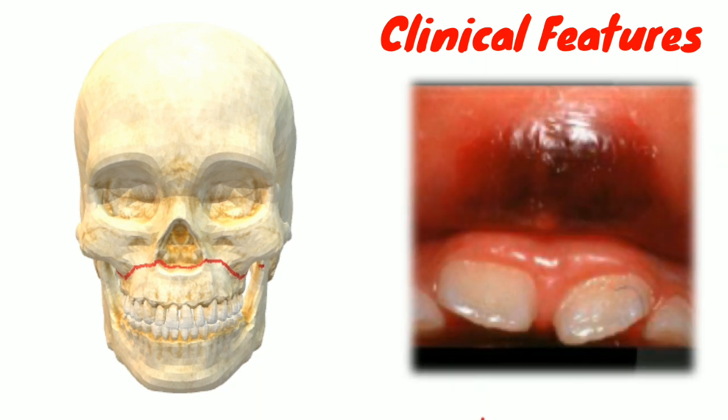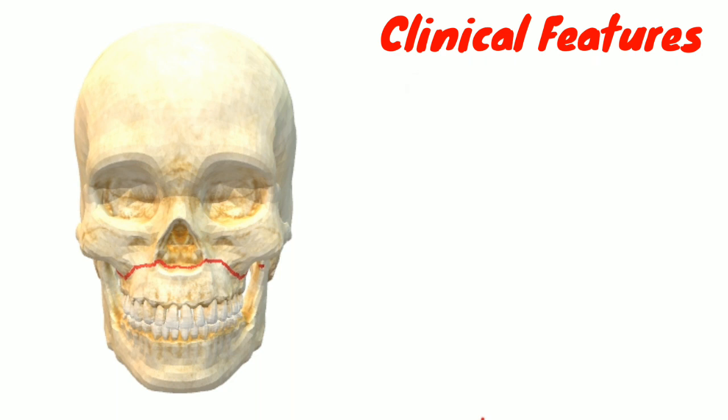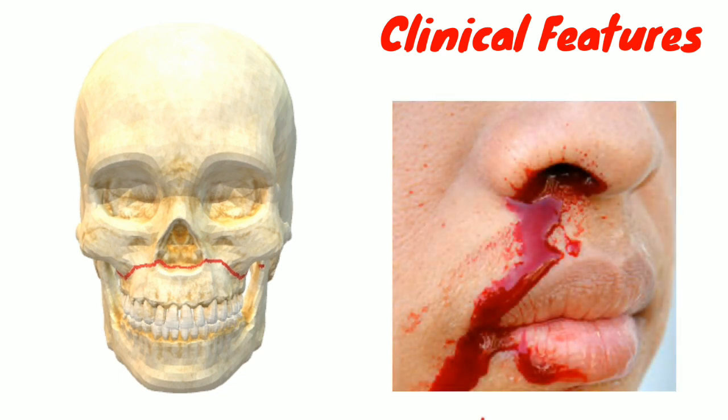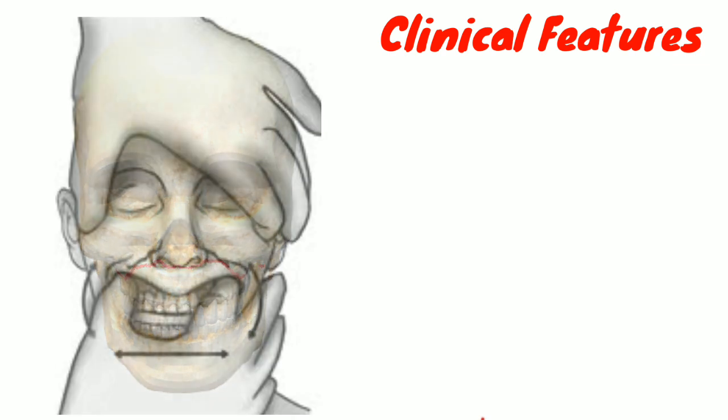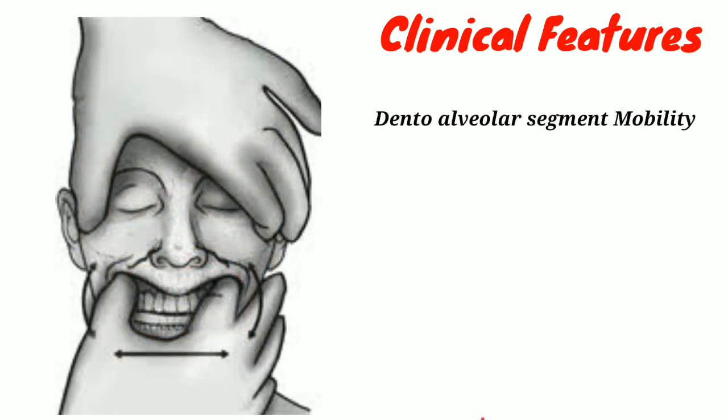You will also see bilateral nasal bleeding and epistaxis. One important thing to notice is that when you palpate the dentoalveolar segment, you will be able to feel mobility associated with those teeth. Also, the occlusion is going to get disturbed. The patient is going to have problems or pain while chewing, so mastication is going to be problematic.